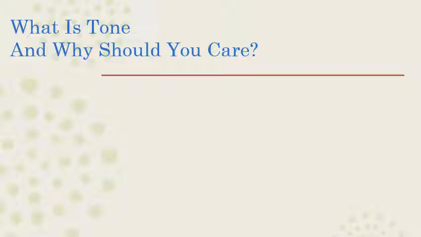And so the reason that we should care about tone is so that we hit the right tone with our writing, so that people aren't thrown off by it. There's a lot of people who won't notice your tone unless they specifically think about it, if it's right. But everybody's going to notice your tone when they think about it if it's wrong. And this is directly related to the emotional stuff that we were talking about yesterday and the day before.